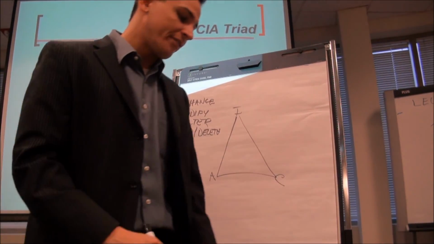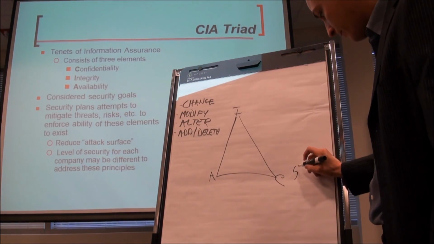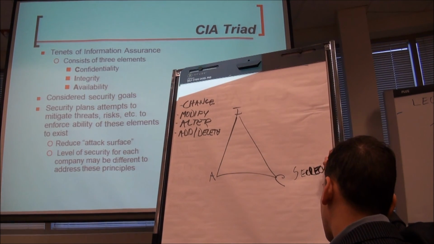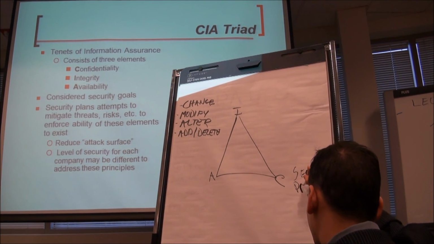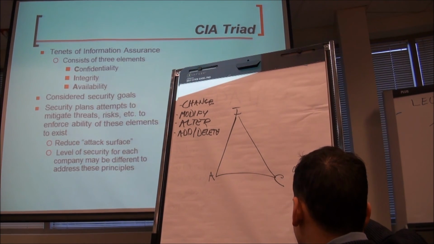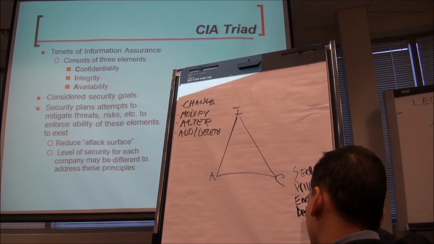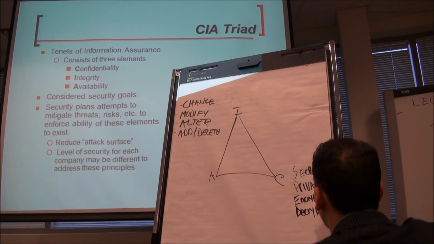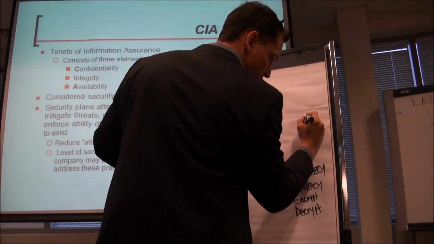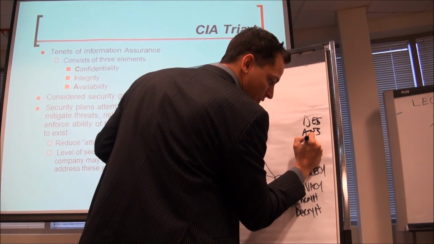As opposed to confidentiality, some of your keywords would be things like secrecy, privacy, encrypt, or decrypt. And you can even add your symmetric algorithms down here too. You can do things like DES, AES, triple DES.